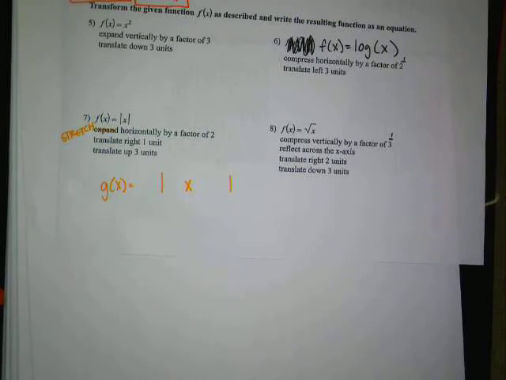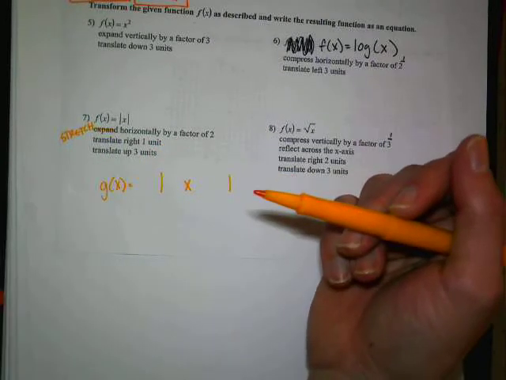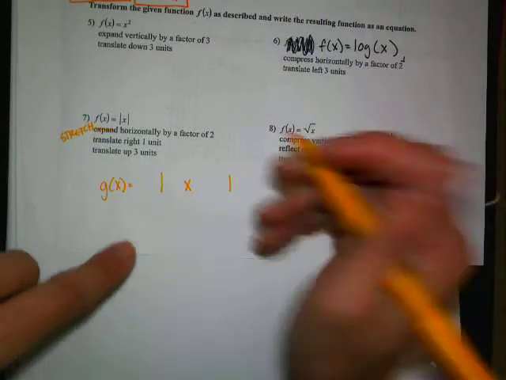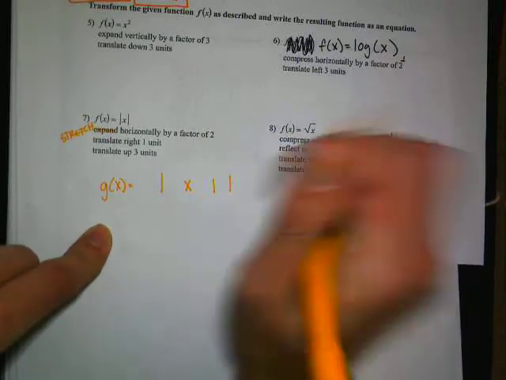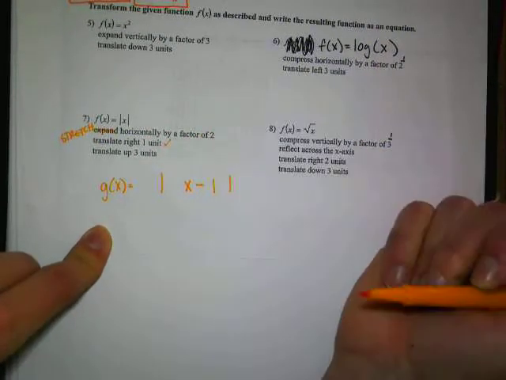Hopefully the C and the D, the left, right, up, down, we can do pretty easily up to this point. So I'm going to do them first. If it's going right 1, is that on the inside or the outside? Inside. And it's negative because you have to switch it.